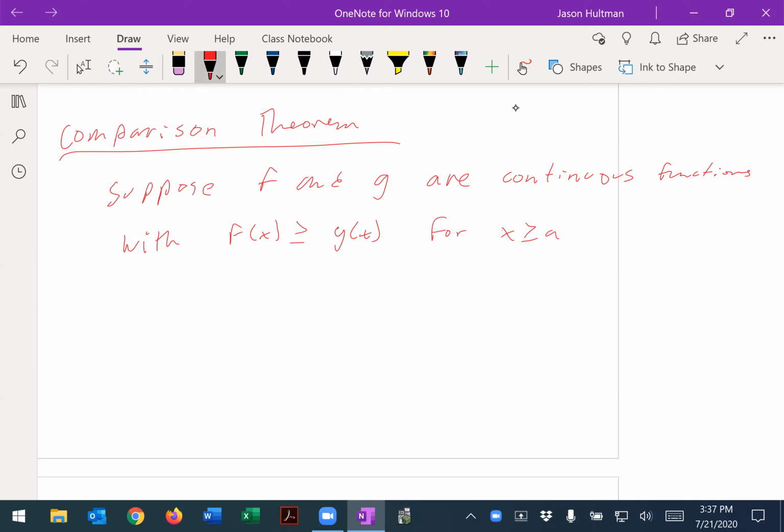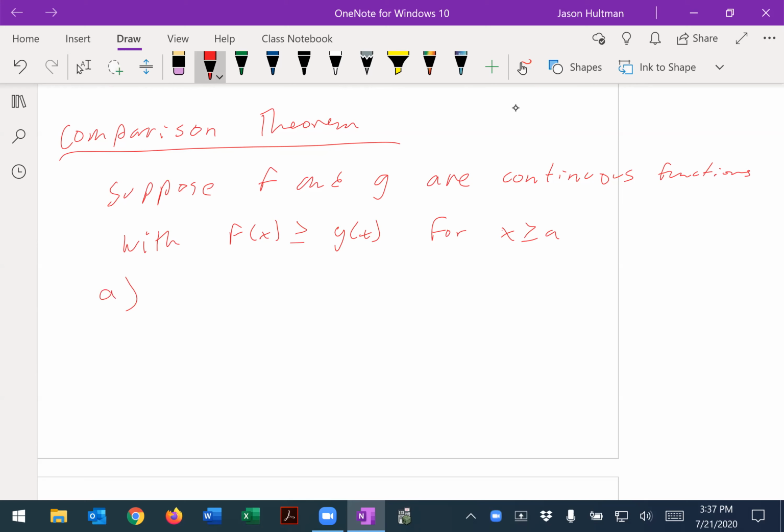So we're saying f of x is bigger than g of x, right? This is a theme that we're going to revisit in chapter 11. This is kind of an intro to chapter 11.